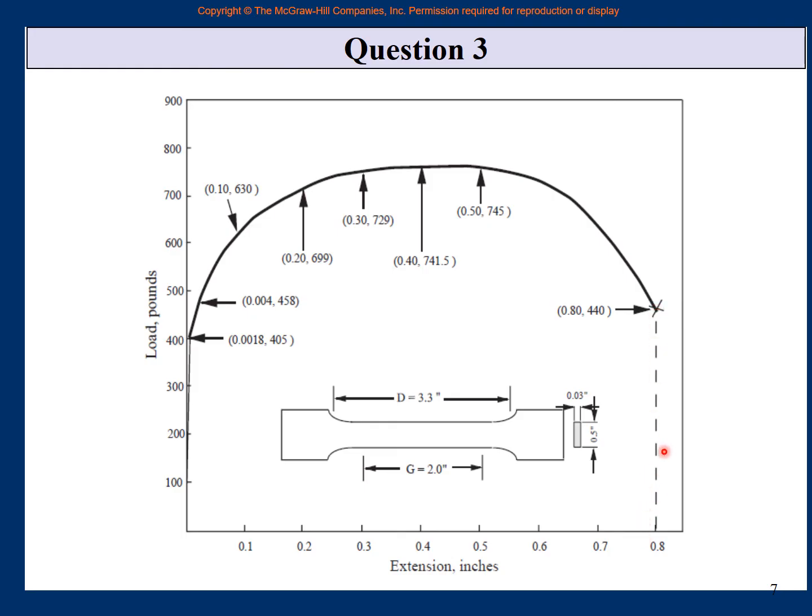So for yield you find this point, for ultimate you find this point, for fracture you find this point, and every time the load is to be divided by the cross-sectional area to get the stress, and the elongation or change in length is to be divided by the original gauge length to find the strain, and then things are pretty simple.